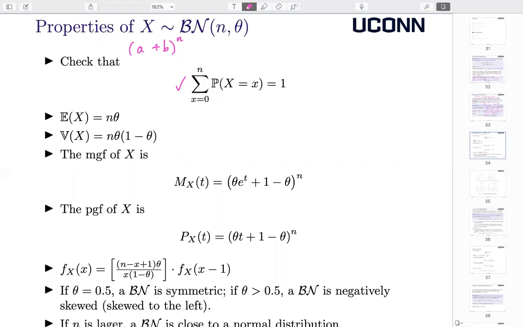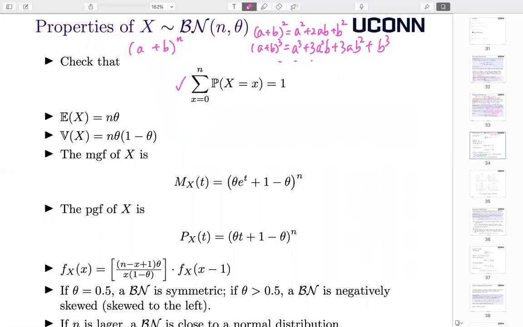So a special case: (a plus b) squared is a squared plus 2ab plus b squared. (a plus b) cubed is a cubed plus 3a squared b plus 3ab squared plus b cubed. It goes on. How do I know the expansion is exactly what I just wrote down?